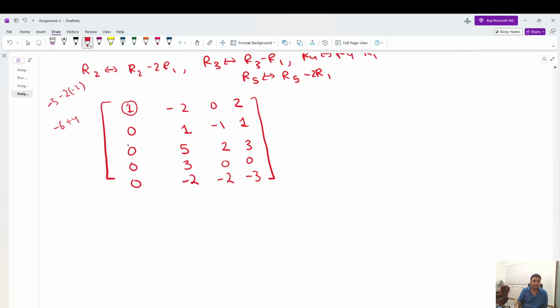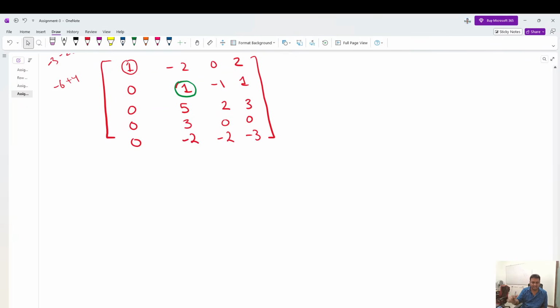Okay. Go to the second row. Now this will become your pivotal element. It's crucial, right? Because it's the pivot. It's crucial because everything depends upon that element. We are using that element to do something, something, and something. So what will be the operations? Row 3 changes to 5 times row 2 plus row 3. Row 4 changes to 3 times row 2 plus row 4.